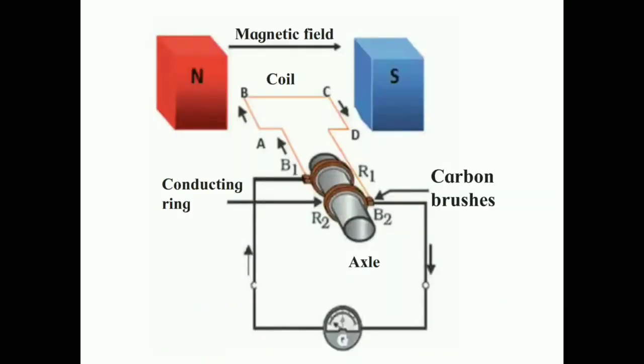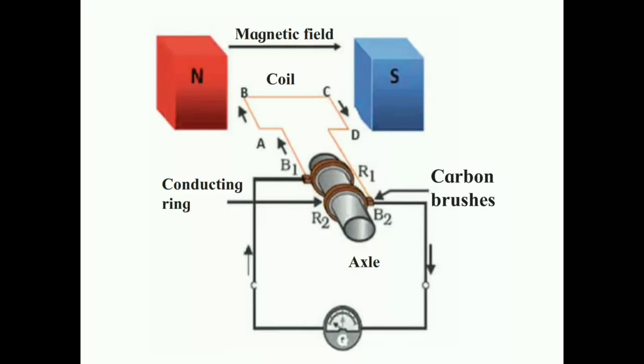The figure shows a copper wire coil ABCD kept between the two pole pieces of a magnet. The two ends of the coil are connected to the conducting rings R1 and R2 via carbon brushes. Both the rings are fixed to the axle, but there is a resistive coating in between the ring and the axle. The axle is rotated with the help of a machine from outside.